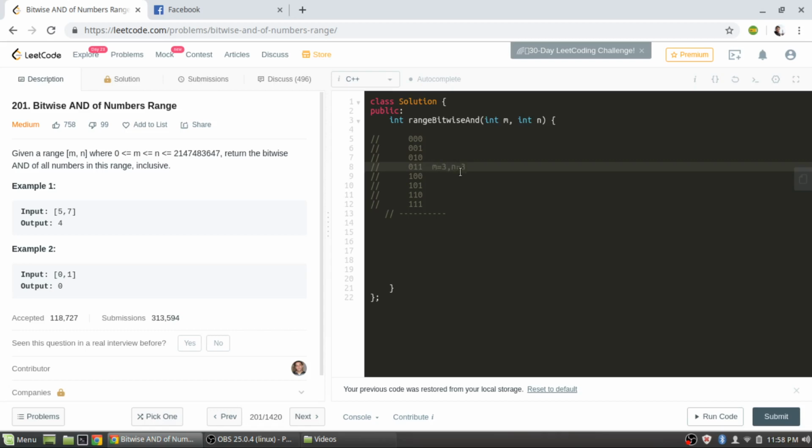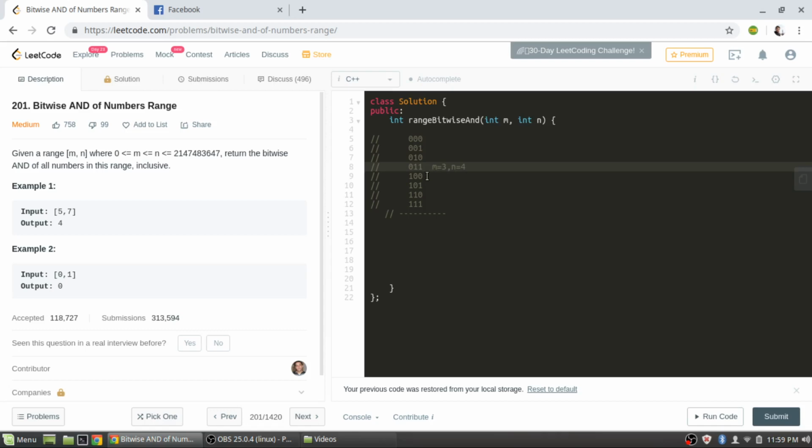In this case the difference of m and n is 0 because these two numbers are equal, so we'll get 1 in the 0th position, because there is only one number. Let's say m equals 3, n equals 4, so the difference is 1. Here the difference is 1, which means we'll get a 0.